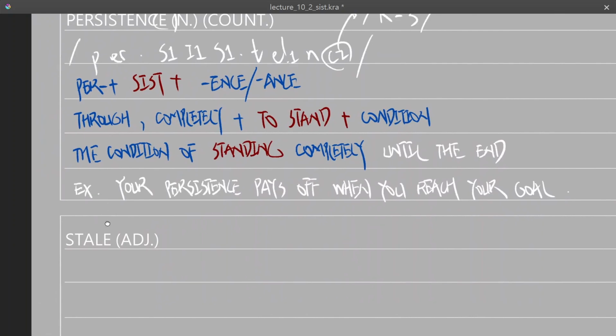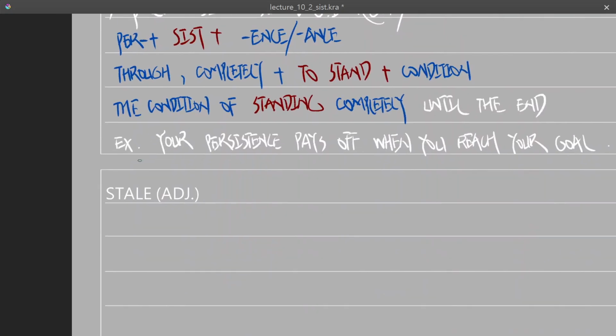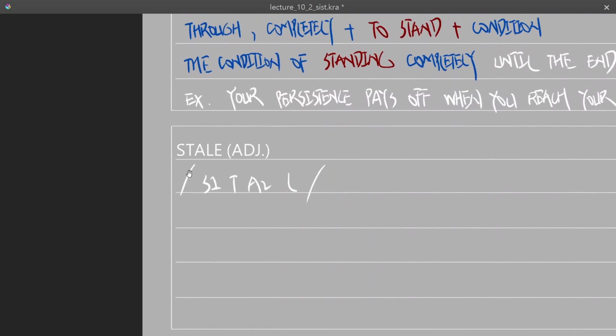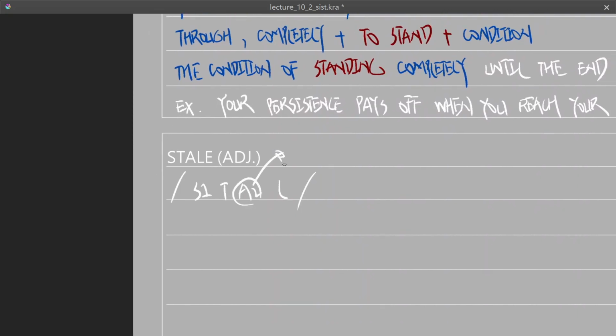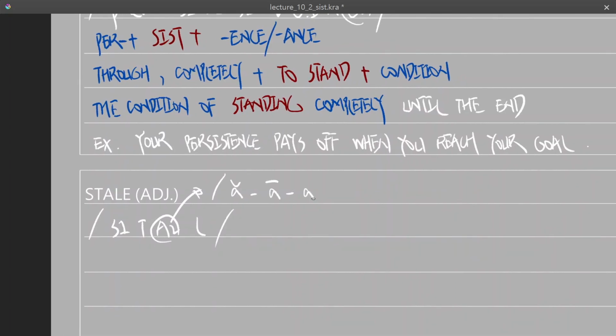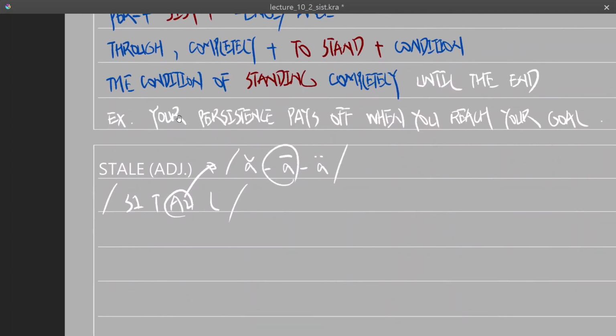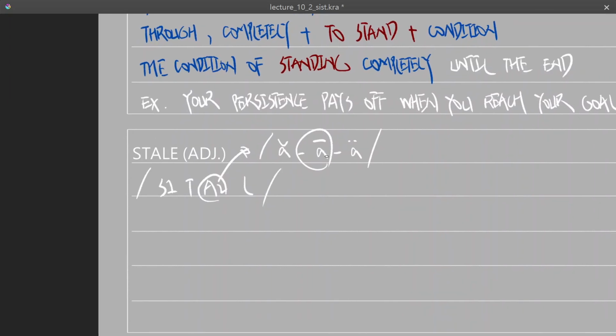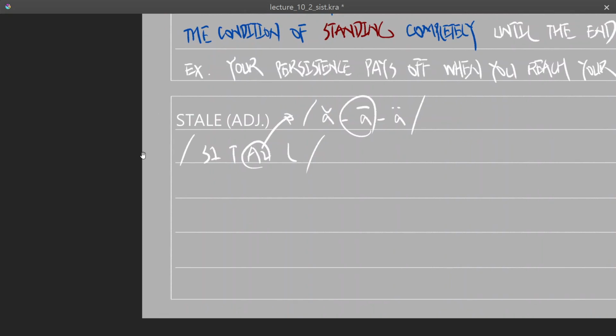Cool. Next we have stale. That's the second sound of A, that's just a long A sound. Stale.